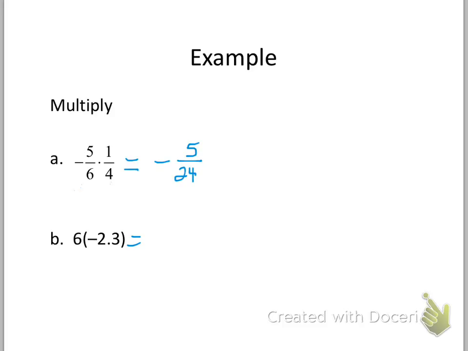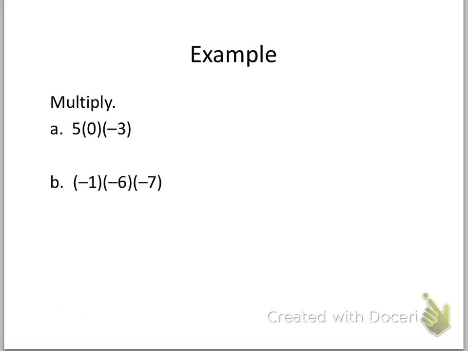With our decimal here, if you remember how to multiply with decimals, you can do that. 2.3 times 6. 6 times 3 is 18. 6 times 2 is 12. 13, we only have one decimal, so 13.8. And remember, we have only one negative. Negatives are not in pairs, so our answer is negative.